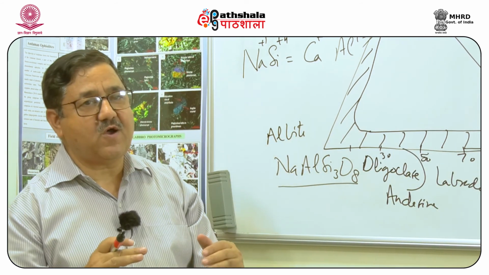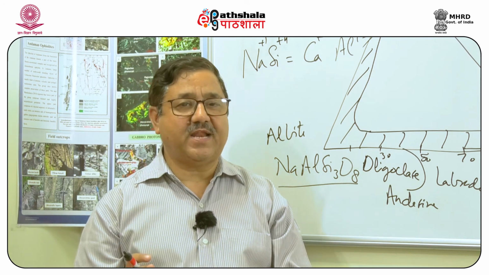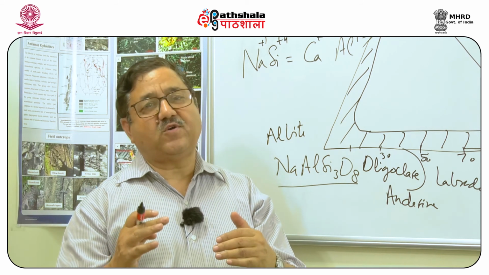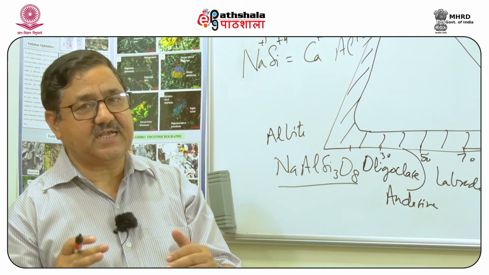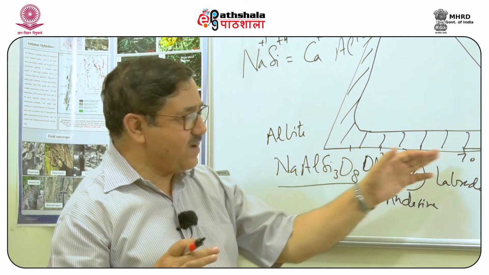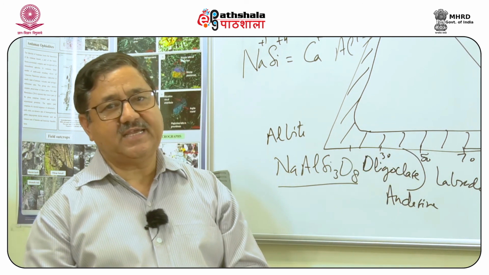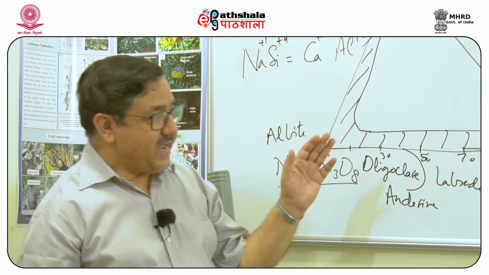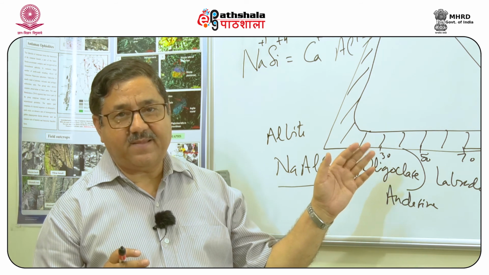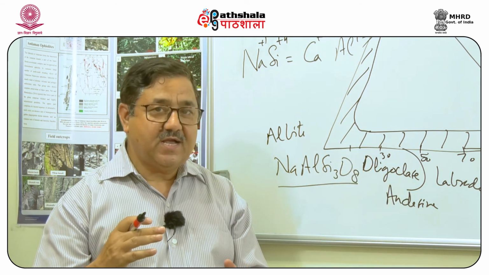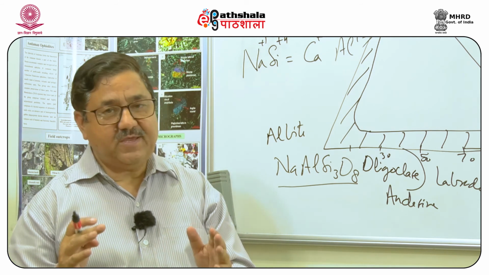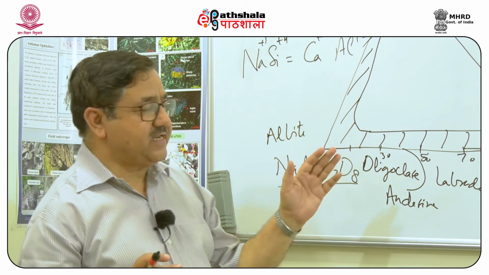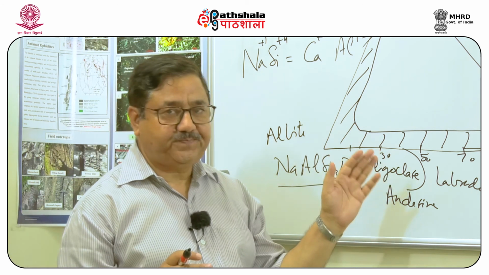As the melt cools down, if the cooling is slow enough, there will be a coupled substitution with increasing amounts of sodium entering into the structure, and one will have any of these variants present in the finally solidified rock, and that will be controlled dominantly by temperature. So, therefore, in one way it can be used as a thermometer or a geothermometer to interpret the temperature of formation of rock.